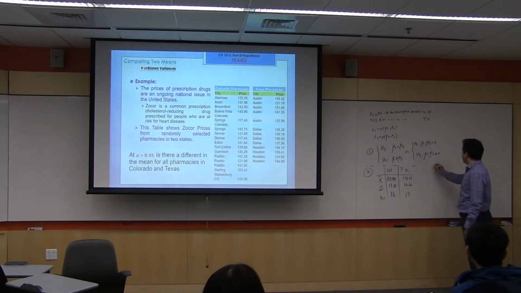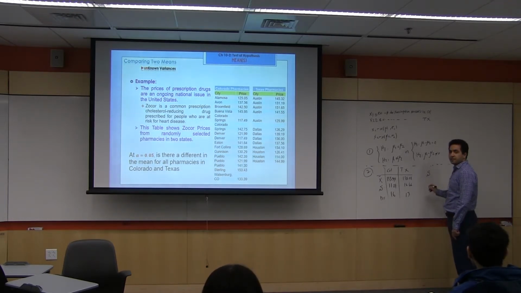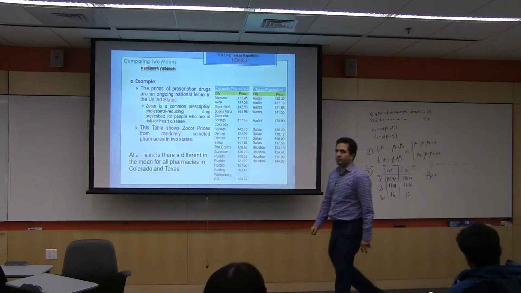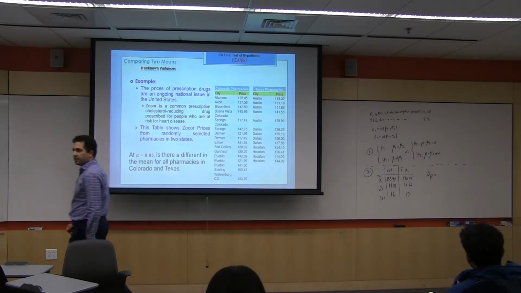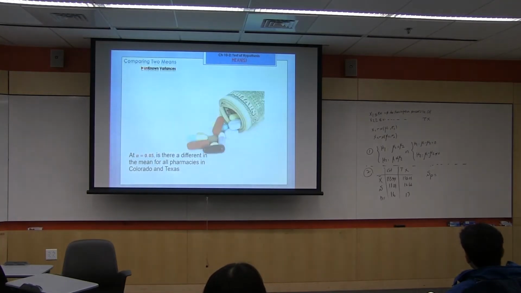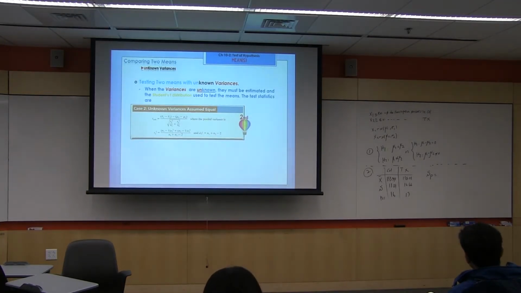So, now I have to form my calc. I need to find S_p. What's S_p? Pooled standard deviation, or S_p squared is the pooled variance. This is the equation for it: n1 minus 1 times S1 squared.